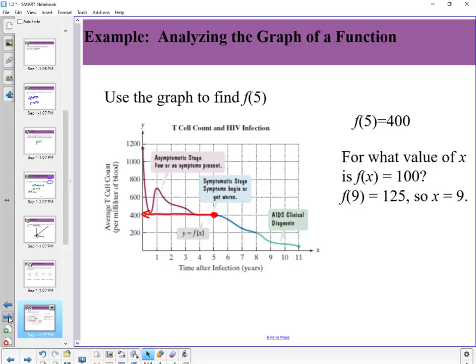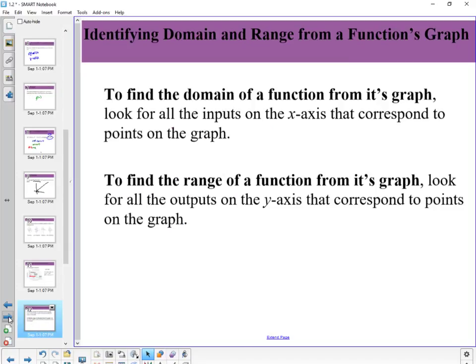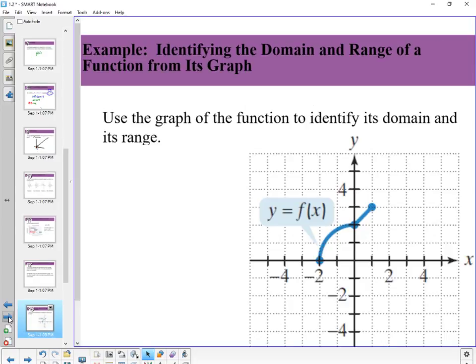We're good? Moving on. Finding domain from its graph and range from its graph. This is kind of nice that we started with something simple like this so that you can actually see what we're talking about. When we're talking about domain, all we care about are what values of x are there. So in the domain, we're going to say that x is an element of all the numbers from, let's see, where does x start? It starts here, doesn't it? Yeah. And it goes all the way to here?